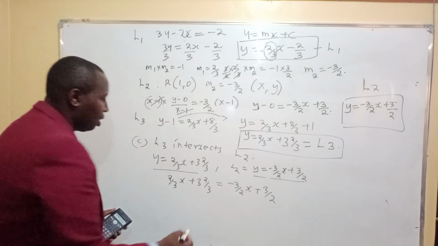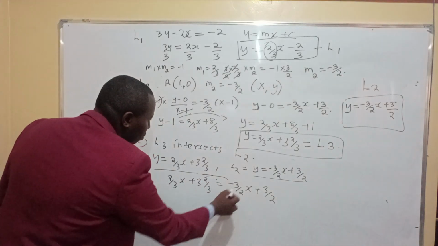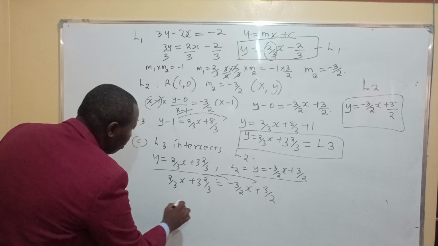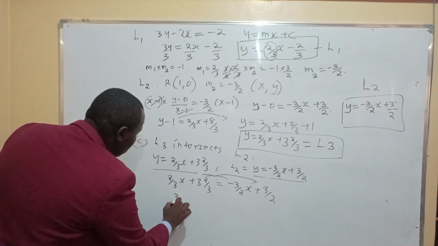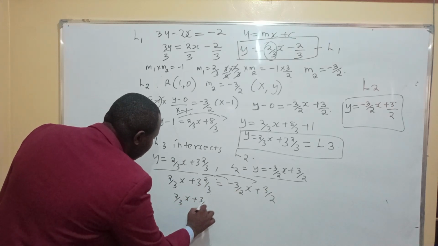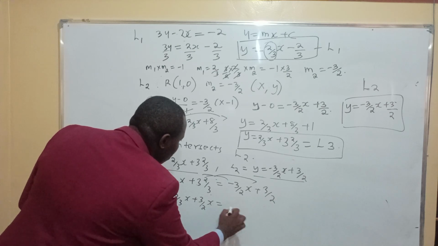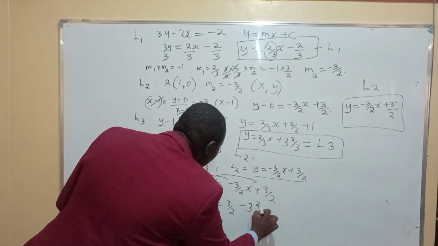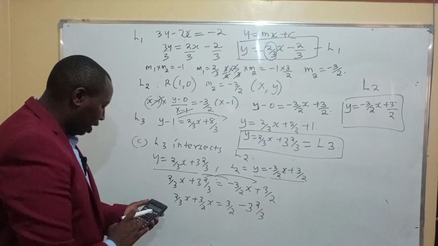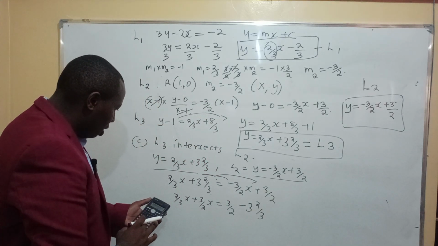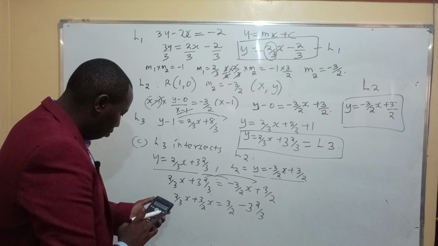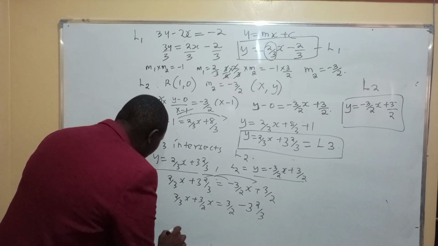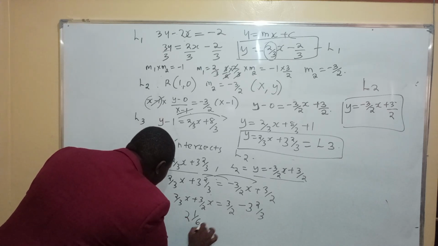So bring the terms together. Bring this minus 3 over 2x to this side, and take the 3, 2 over 3 to the other side. So 2 over 3x plus 3 over 2x is equal to 3 over 2 minus 3, 2 thirds. You can add 2 over 3 plus 3 over 2, which gives 2, 1 over 6x.